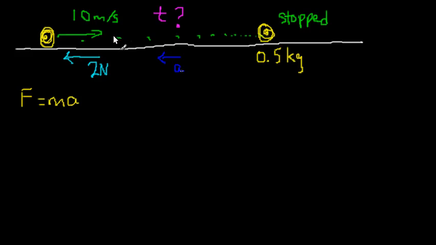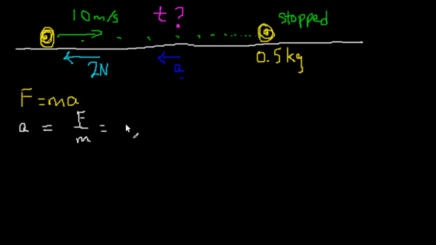Right? So if you think about it this way, let me do this in maybe 2 steps. First, think about finding A. From this equation, I know that A is equal to force over mass, right?